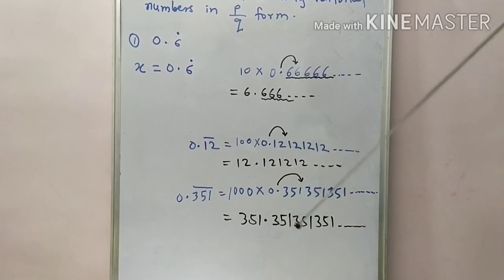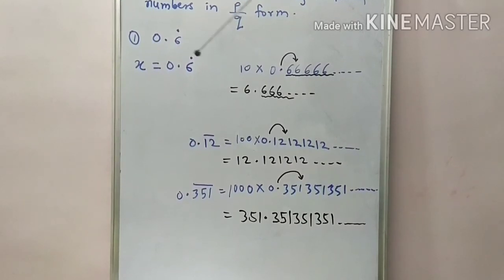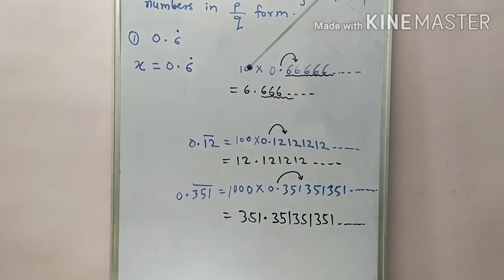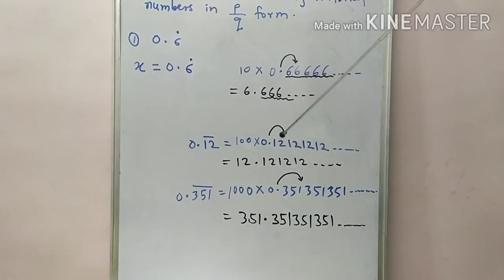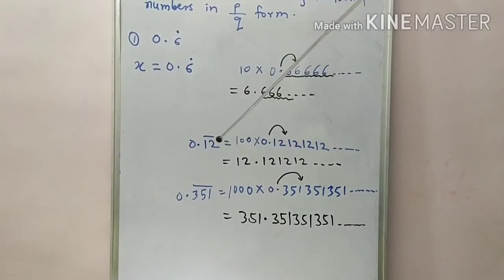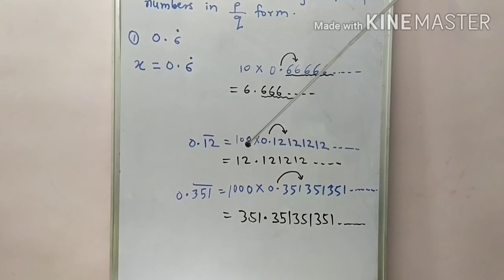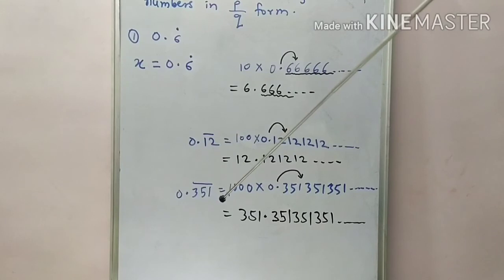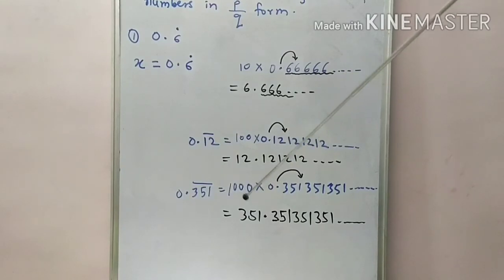So it's easy to write down that given number in P upon Q form. This is the method. If only one number is in decimal recurring, multiply by 10. If two numbers, multiply by 100. And if three numbers, then multiply by 1000.